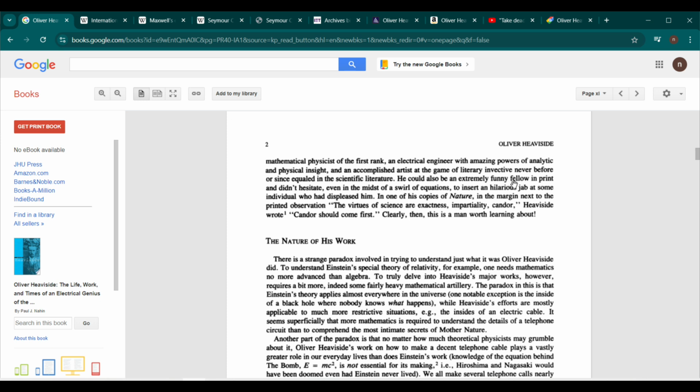He could also be an extremely funny fellow in print and didn't hesitate, even in the midst of a swirl of equations, to insert a hilarious jab at some individual who had displeased him. In one of his copies of Nature, in the margin next to the printed observation, the virtues of science are exactness, impartiality, candor, Heaviside wrote, "Candor should come first." Clearly, then, this is a man worth learning about.